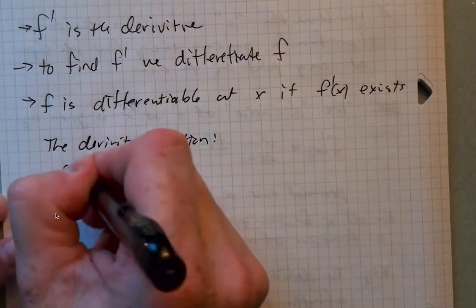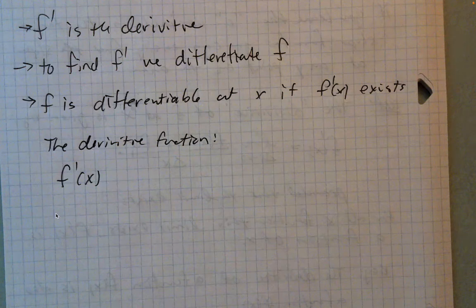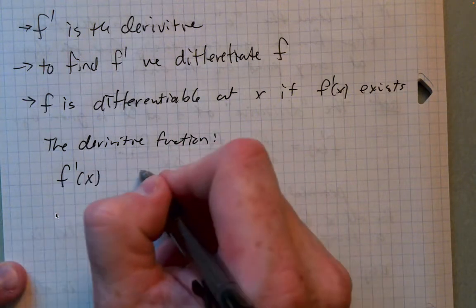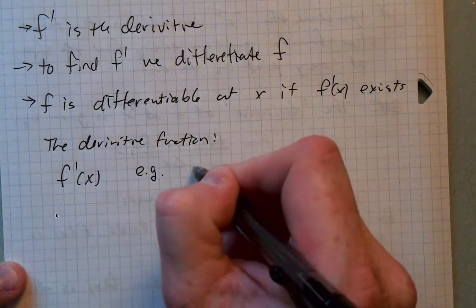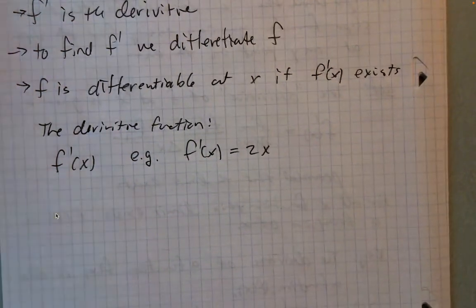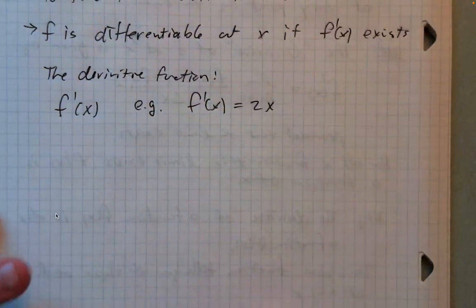So f prime of x is commonly used. Other notations exist as well. An example would be f prime of x equals 2x. That would be a way to write the derivative of f.